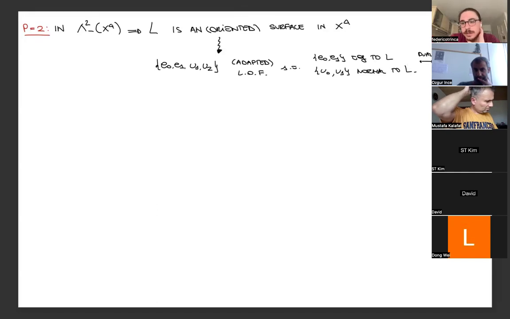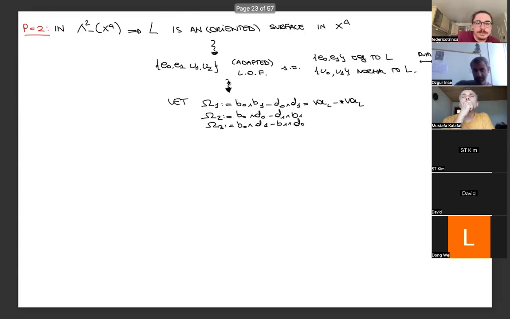The way to do it is by picking an oriented adapted local orthonormal frame, so e0 and e1 are tangent to L, and ν0 and ν1 are normal to L. We can of course also construct the dual frame, which are the duals to e0, e1 and ν0, ν1 respectively. So we have this adapted frame on L and inside of X4.